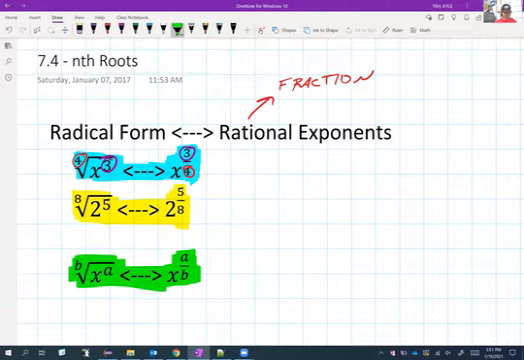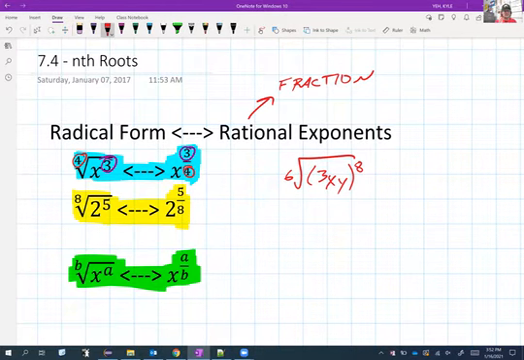So let's just try two more to make sure we feel good about this. I'm going to make them a little bit harder and throw in one other consideration. Let's try converting both ways. What if I gave you the 6th root of 3xy to the 8th power?